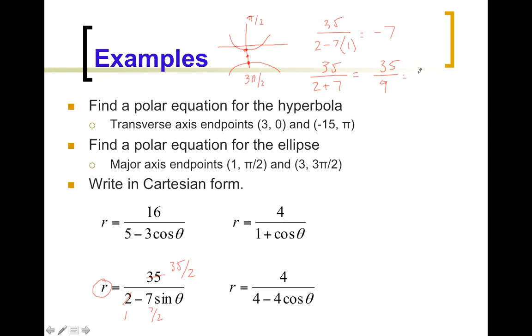Well, 35 divided by 9 is actually 3.8 repeated. And that means when I go to graph this, this point is actually 3 and 8/9.